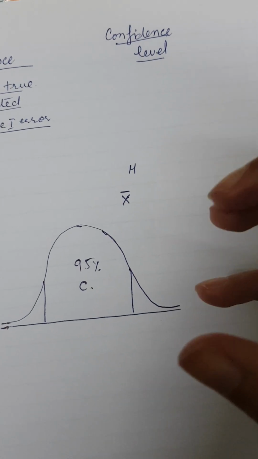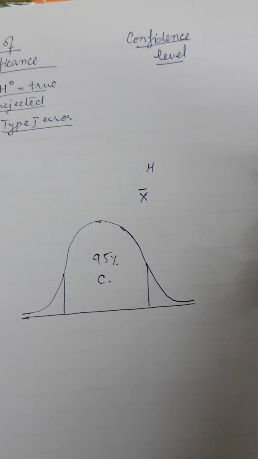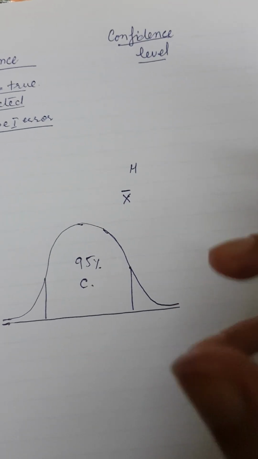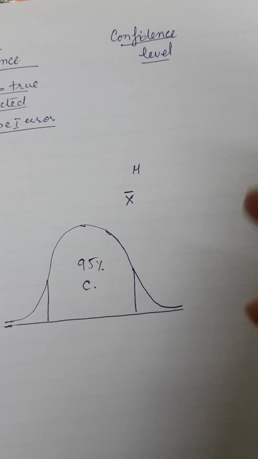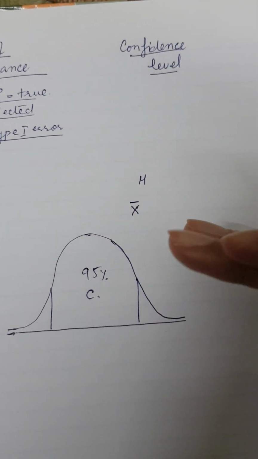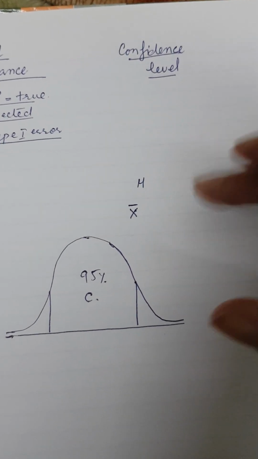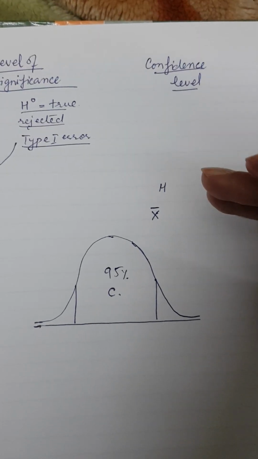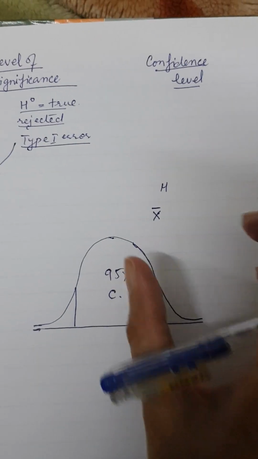A sample should always be representative of the population, so when we take the sample mean, this sample mean should be very close to the population mean. Or vice versa, we can say that the population mean should be within the sample mean.